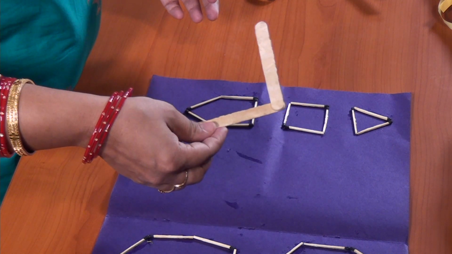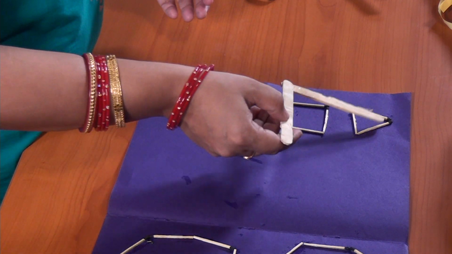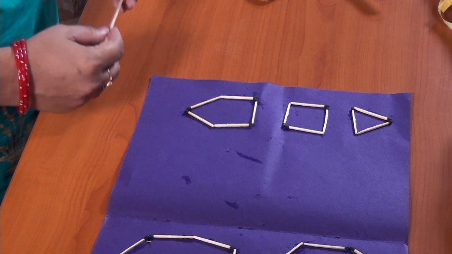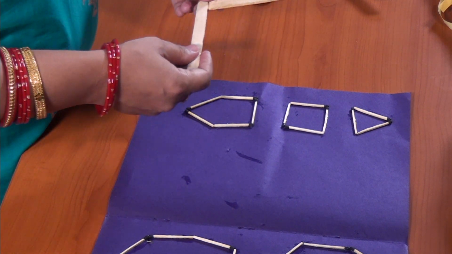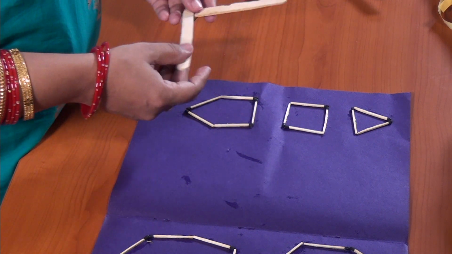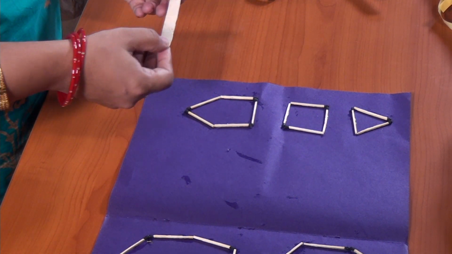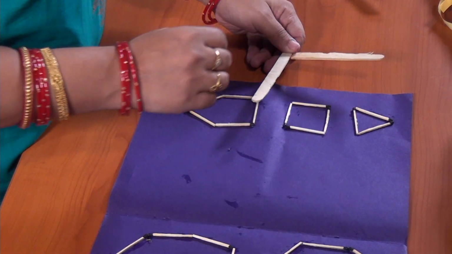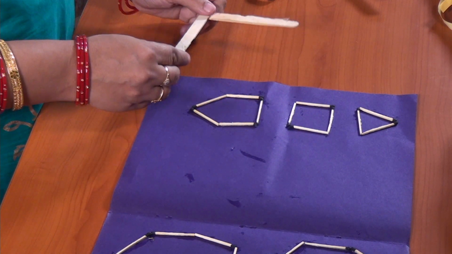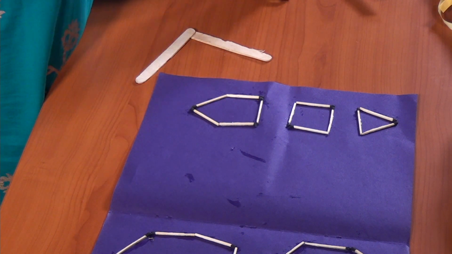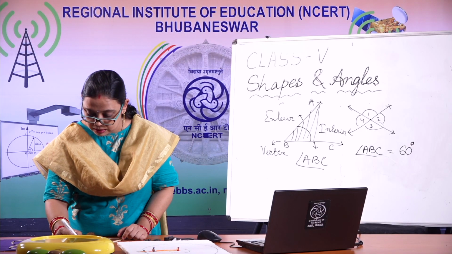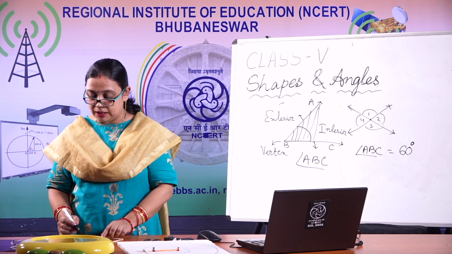Do you need this device to measure these angles, whether more than a right angle or less than a right angle? I don't think so, because after 3-4 times you do it, you can guess easily that these angles are smaller than a right angle. So what type of angle are these? These are acute angles.